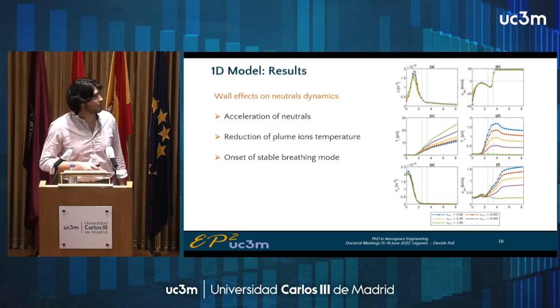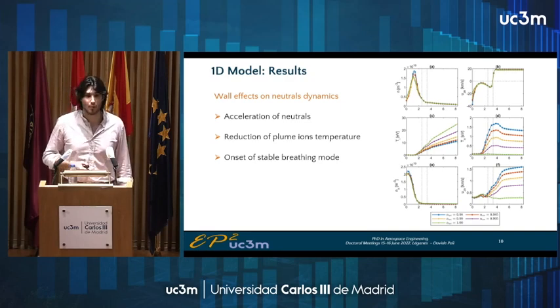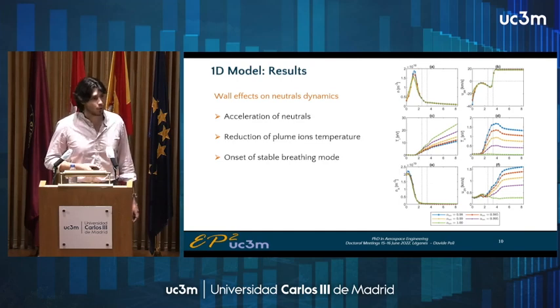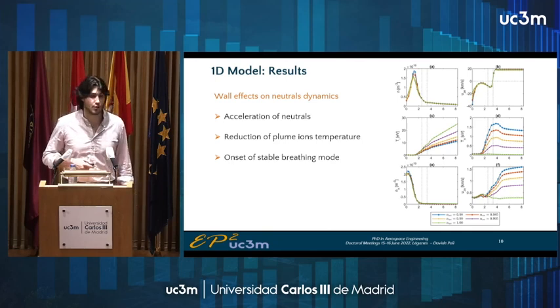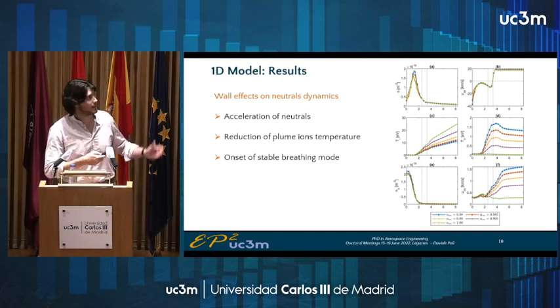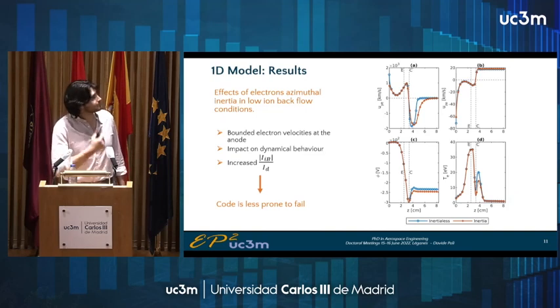But also on the dynamical behavior, by promoting the onset of stable breathing mode in the thruster, which is not always resolved by one-dimensional models. And indeed, usually in the community, there is the tendency of discarding the effects of neutrals, since they are considered as a background species with not many effects on the dynamical behavior of the thruster. But clearly, it's not true.